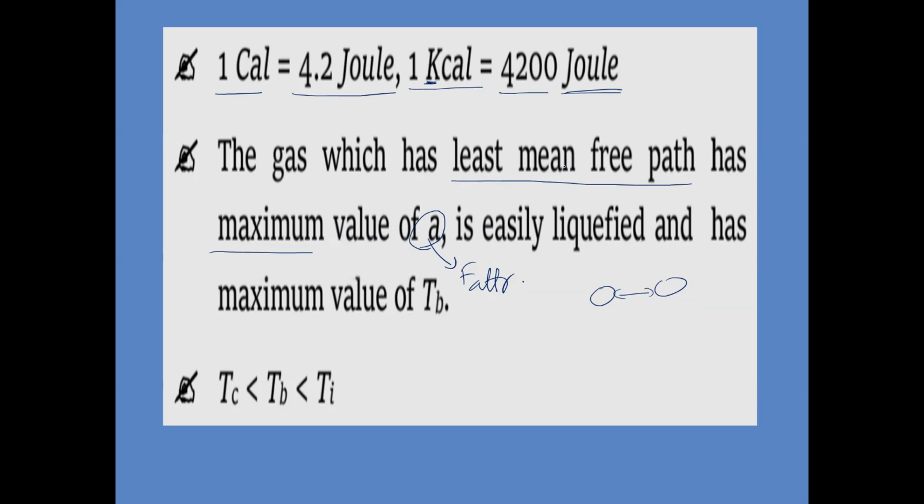Mean free path is inversely proportional to the value of A. A is the van der Waals parameter, and the magnitude of attractive forces between gas molecules is given by A. So if the mean free path is less, a greater A value will be there.